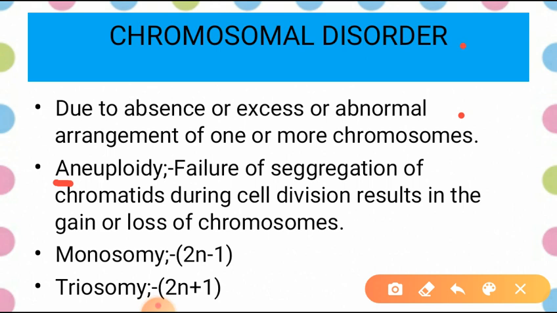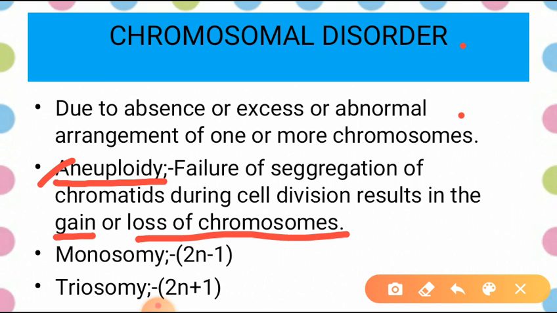What is aneuploidy? Aneuploidy means failure of separation of chromatids during cell division, resulting in gain or loss of chromosomes. The chromosomal disorder is because of which phenomenon? Aneuploidy. What is aneuploidy?